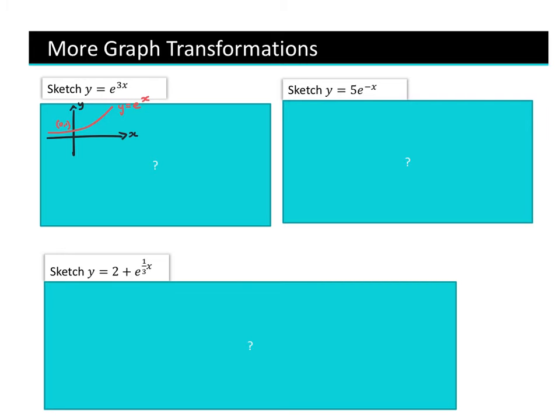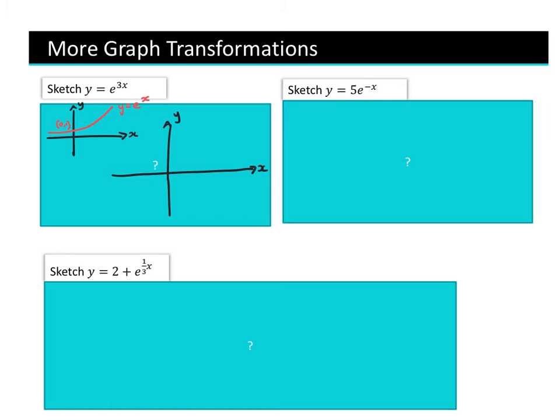Okay, now if I was to draw y equals e to the 3x. Okay, is it inside or outside the bracket? Inside. Who does it affect? X. What are we going to do to the x coordinates? Divide them by 3. So all of my x coordinates I'm going to divide by 3.